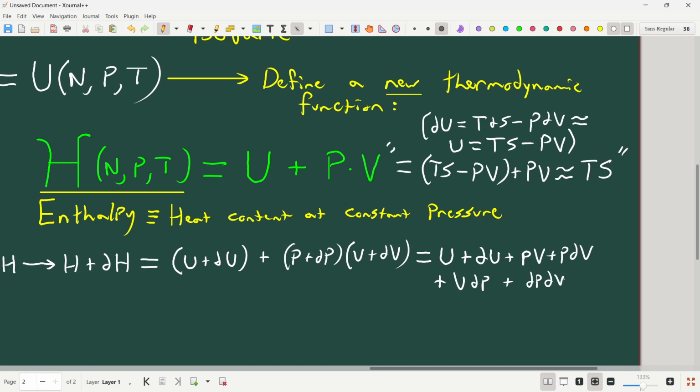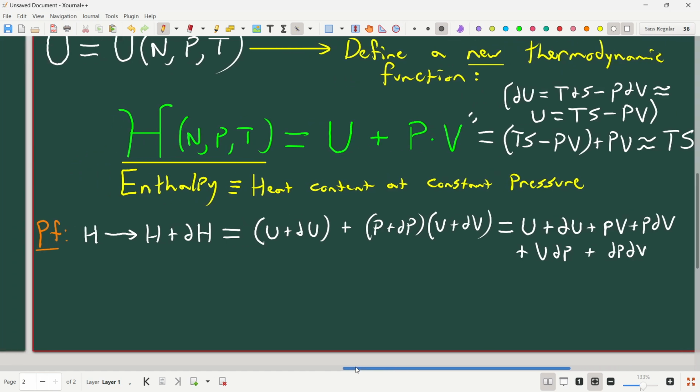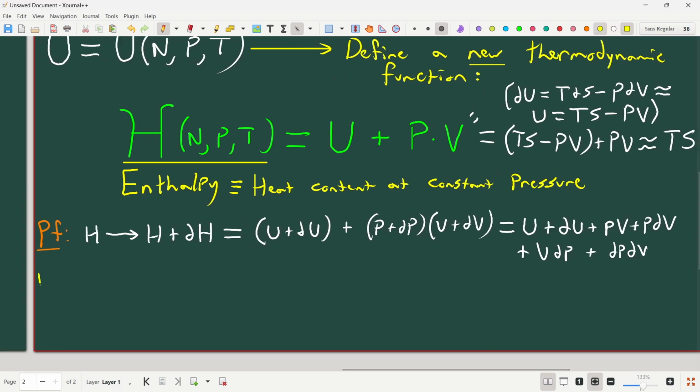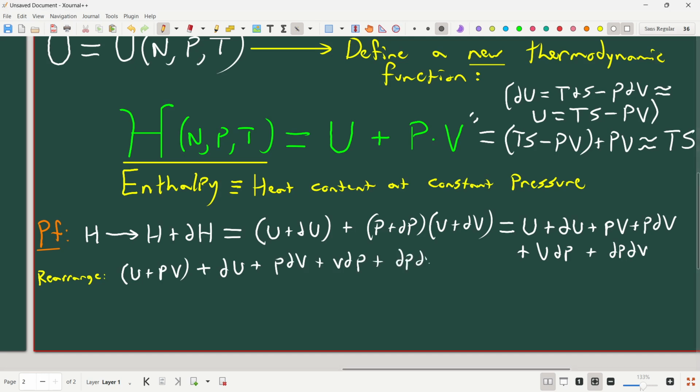Now I'm going to rearrange these terms a little bit. So this is U plus PV plus dU plus PdV plus VdP plus the second-order term in volume and pressure.